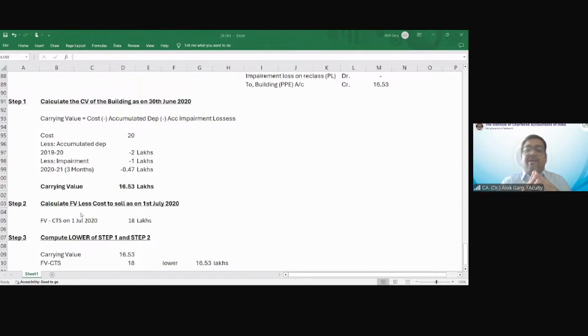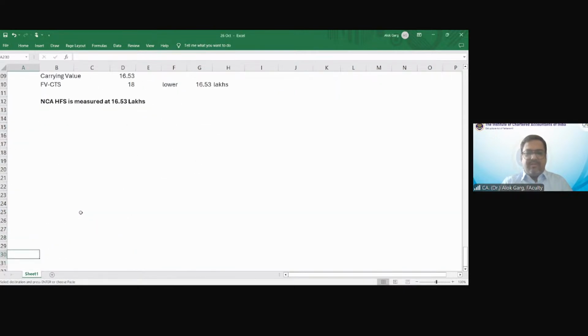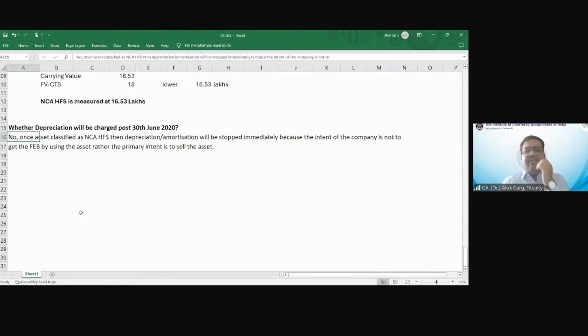What will happen if the company is not able to sell this asset? No depreciation for NCA HFS. Depreciation will not be charged. Very good. Question: will depreciation be charged post 30th June 2020?